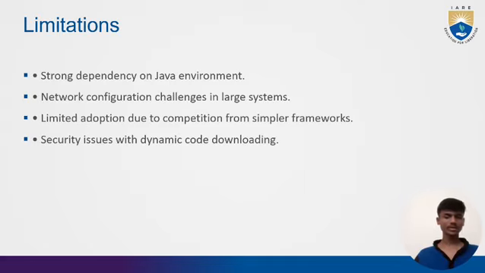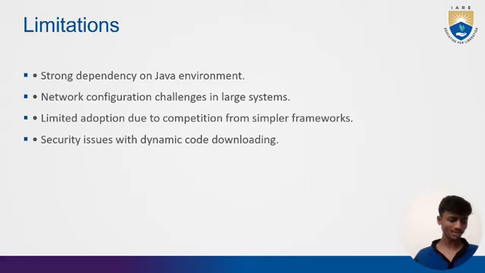Then we introduce Java dependency. Jini is heavily dependent on Java and it relies on Java Remote Method Invocation, RMI. This makes it less suitable for heterogeneous environments when non-Java platforms need to participate.